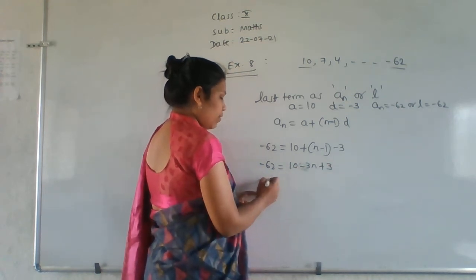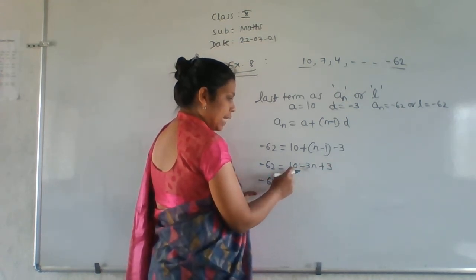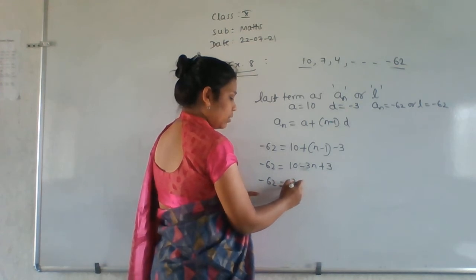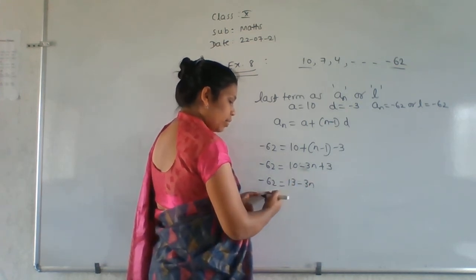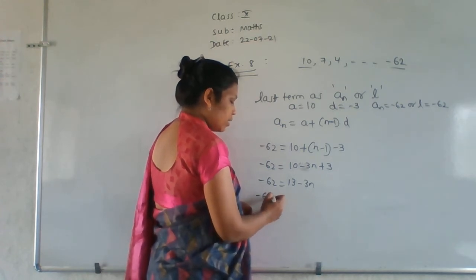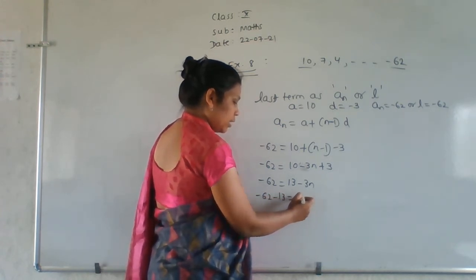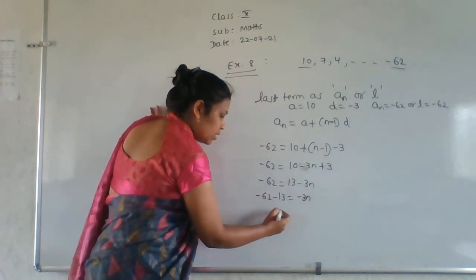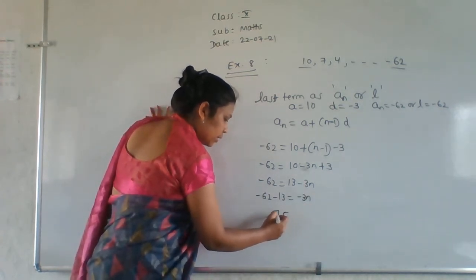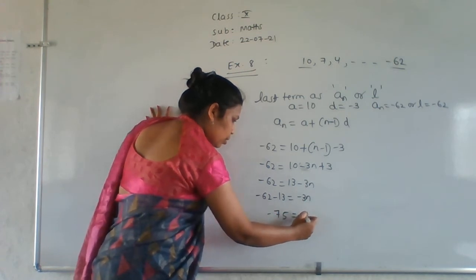So now simplify: minus 62 is equal to 10 plus 3, that will be 13 minus 3n. Take this 13 to the LHS side. Minus 62 minus 13 is equal to minus 3n. So now both are minus, we need to add here. That will be 75 is equal to 3n.